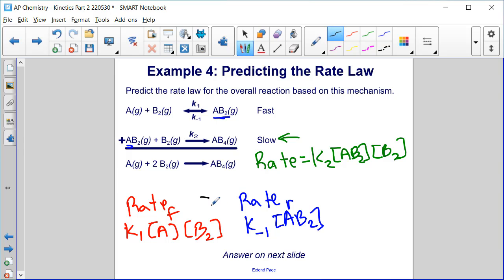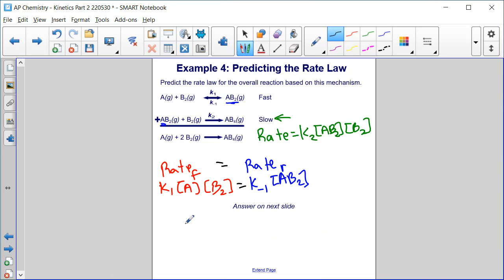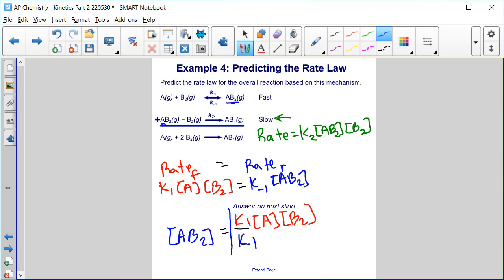We can set these equal to one another and see that concentration of AB2 equals k1, concentration of A, concentration of B2 over k minus 1. Now what we're going to do is take all of this and substitute it in here for AB2.